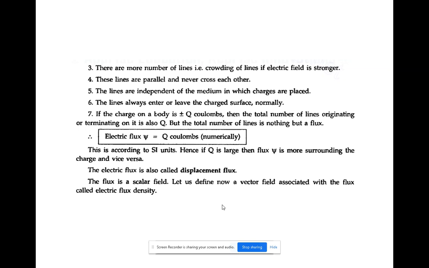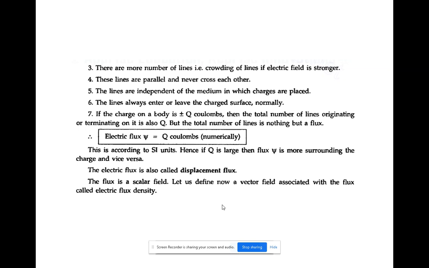Then if the charge on your body is plus or minus Q coulombs, then the total number of lines originating or terminating on it is also Q. But the total number of lines is nothing but the flux. A single line is called a line of force, and the total number of lines is simply called the flux.